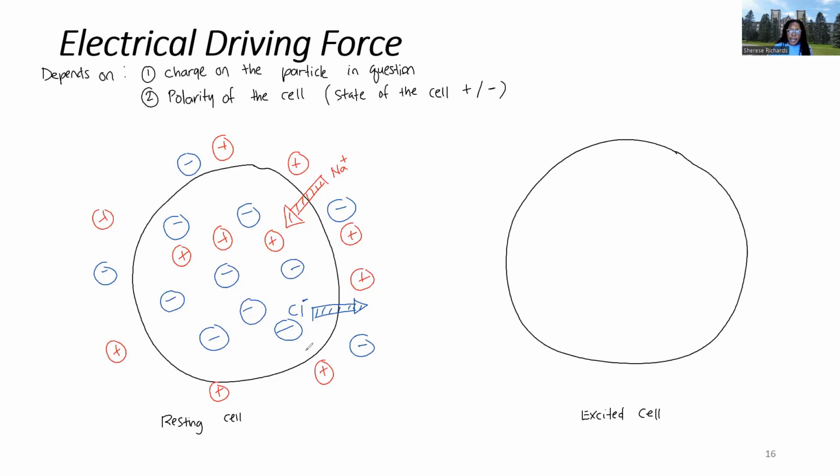Now, the last thing I want to say here is that this is the cell at rest. A resting cell has a membrane potential of negative 70 millivolts, right?